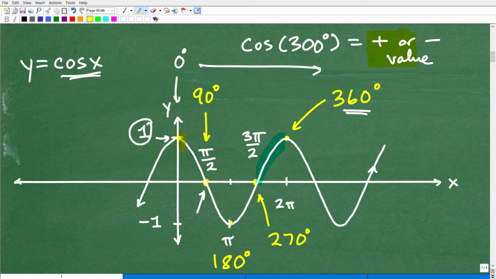Remember, we're looking at 360 degrees, one trip around the unit circle, going from 0 to 360, and we're looking at the values of cosine. At pi, which is the same thing as 180 degrees, we're at -1. If you plug cosine of 180 degrees into your calculator, you'll see the answer is -1.